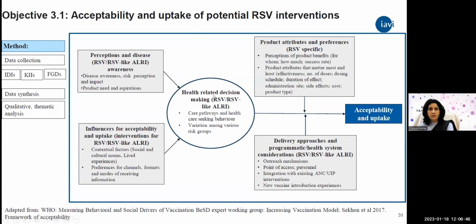Then regarding health-related decisions, they inquired about product attributes and preferences, like frequency, effectiveness, dose, side effects, etc. And then the delivery approach, whether they want it at home, or an outreach session, or at an antenatal clinic. So this was the deductive framework which they had already given, and they formed the questions based on this framework. So it was not inductive in nature.